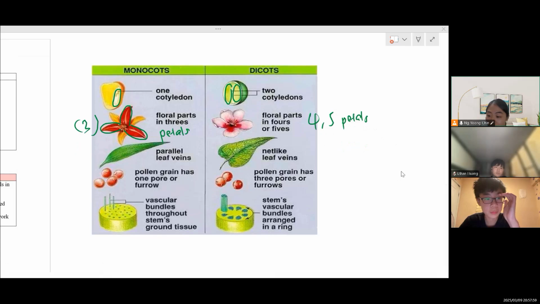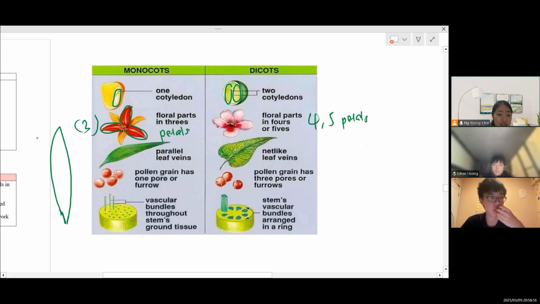So in the monocotyledons, you can see the leaf patterns. The leaf pattern is just like this. This is a leaf, right? Their leaf has parallel leaf veins, like this, parallel. How about in the dicotyledons? Their leaf vein is like this.